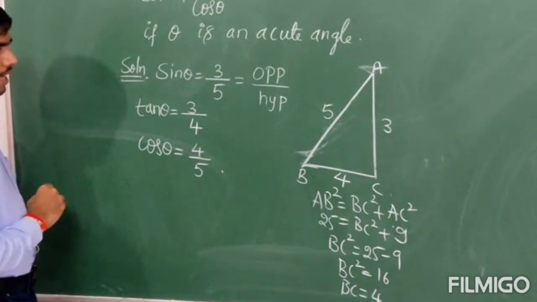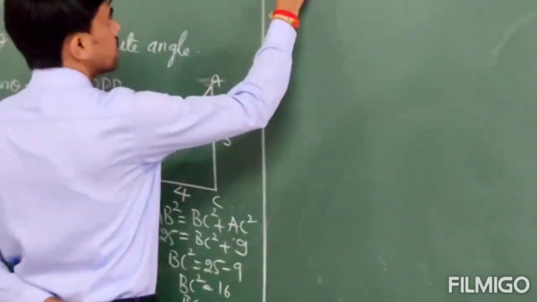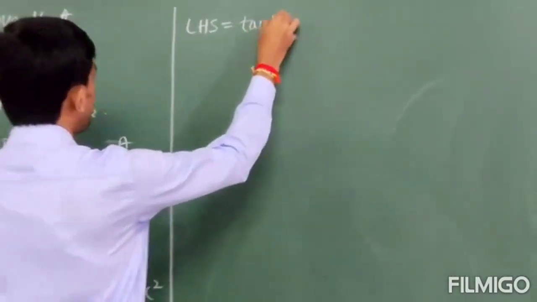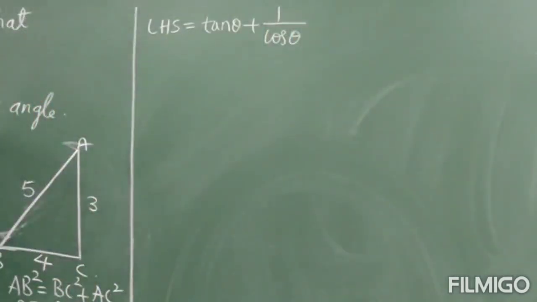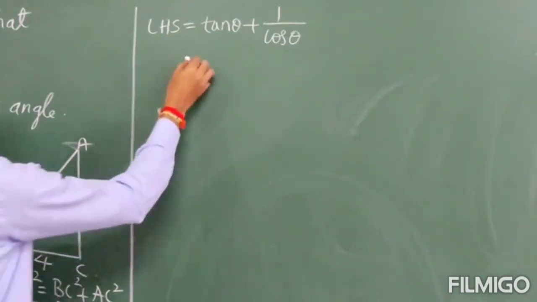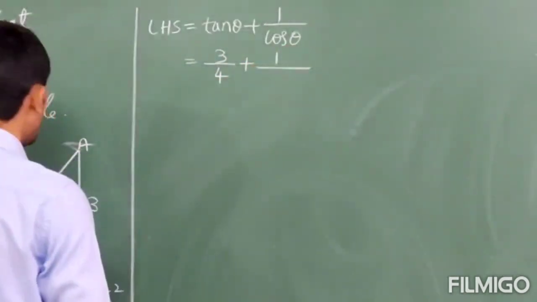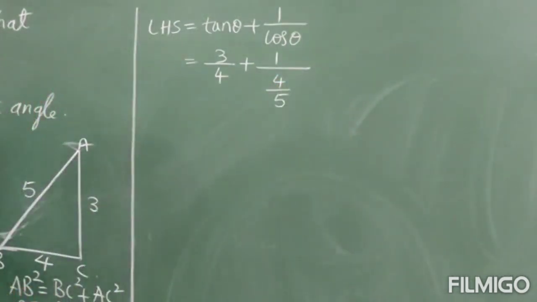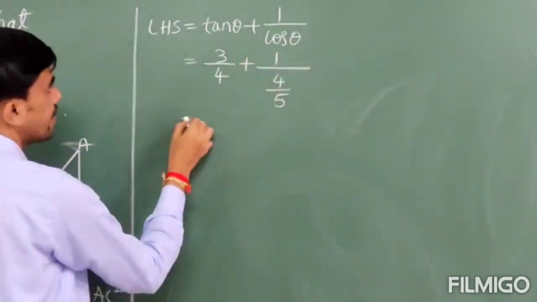Next we take the LHS. LHS is tan theta plus 1 by cos theta. Tan theta is 3 by 4, plus 1 divided by cos theta. Cos theta is 4 by 5, so 1 divided by 4 by 5 is 5 by 4.